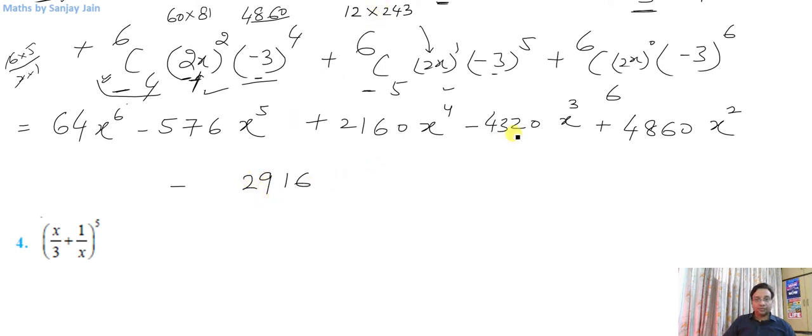I hope the calculation is correct. And then this is 1, this is 1, so minus 3 raised to power 6 is 3 raised to power 6, which is 729. Okay, please verify the calculation at your end also. Okay, so let us do the rest of the questions in the next part.